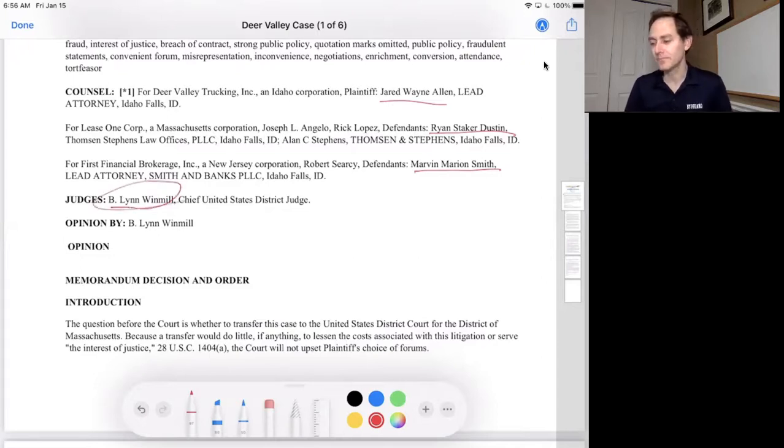Judge Windmill received a promotion after this. So he left Pocatello and now he works with the Ninth Circuit. You don't need to know any of that. But Judge Windmill is a really interesting case. Fascinating person. I've never met him personally, but I've never heard anybody say anything negative about this judge. He grew up in Pocatello, went to Idaho State. He was the first, and as far as I know, the only person to go to Idaho State and then to Harvard Law School.